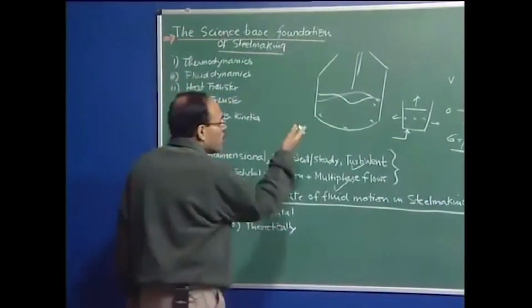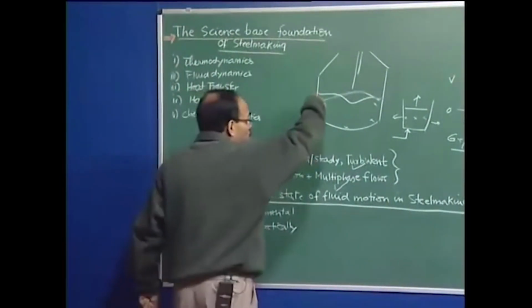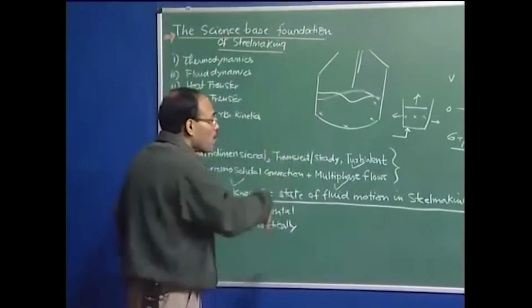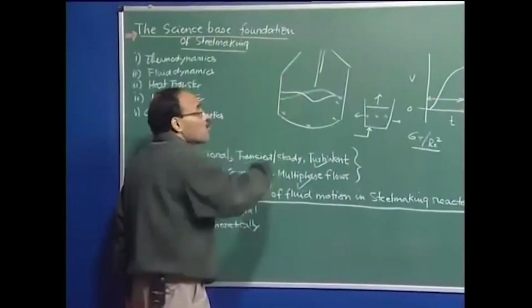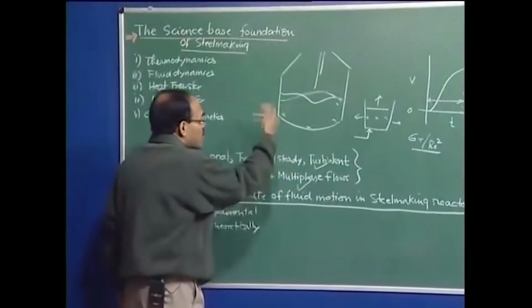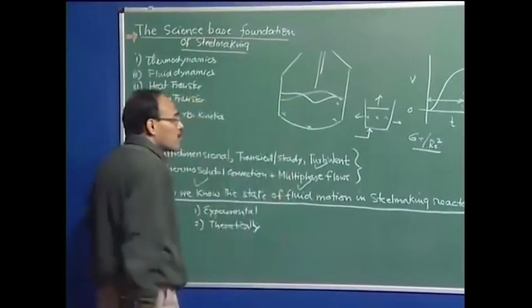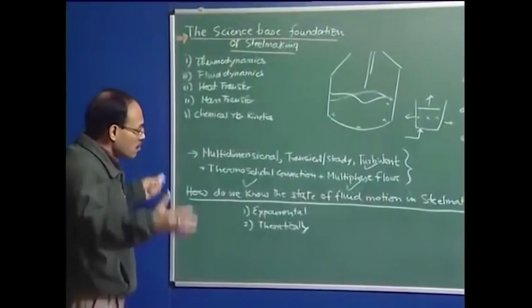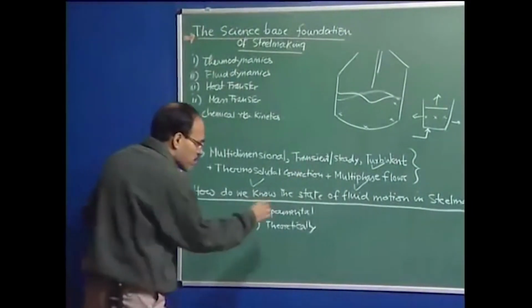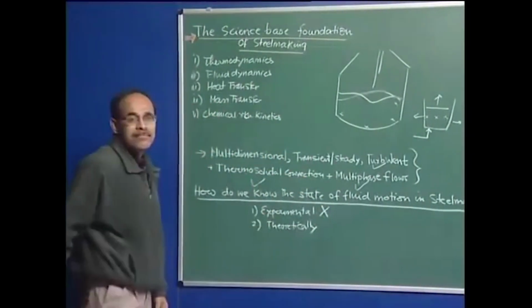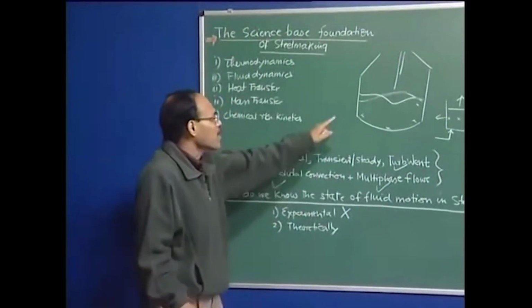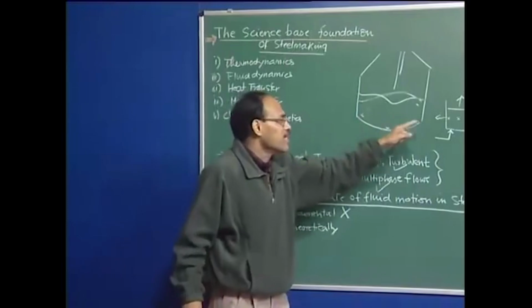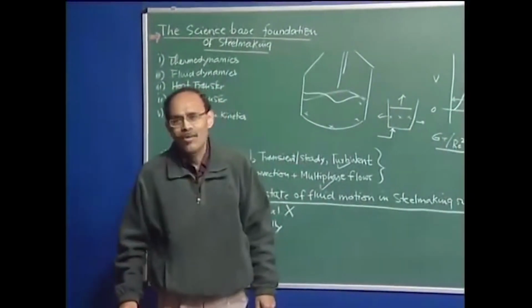We may not have probes, because we require probes which you have to immerse. Steel is opaque, so we cannot see what is going on, and we may not have probes which can work on a sustained basis in such a rugged environment of 1600 degrees centigrade and in a huge reactor size. So, perhaps we can say that rigorous experimental determination or mapping of the flow field in a steelmaking reactor is, as of now, not possible.